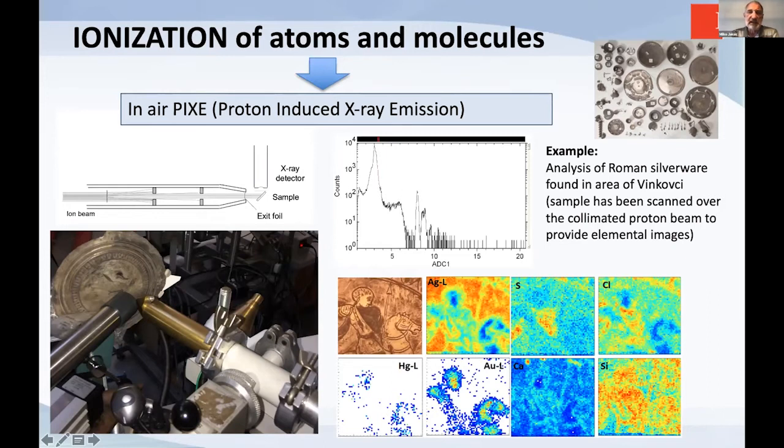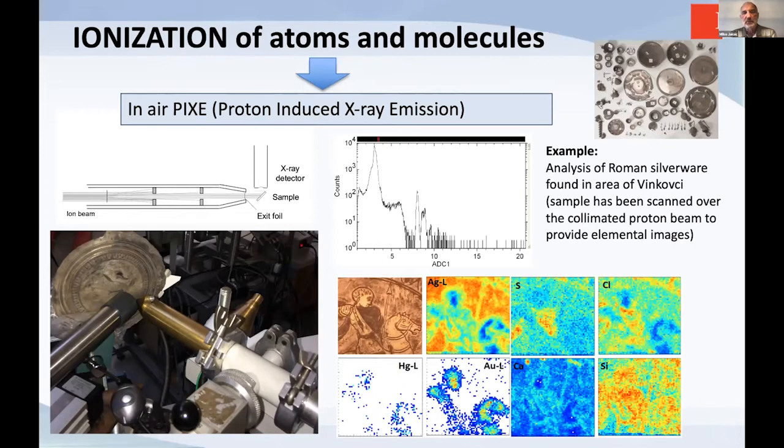These are L lines of silver because it's a silver plate. There is copper, there is gold, a very small, tiny peak here. There is sulfur, and I guess, yeah, also mercury, which is rather small. So this is the picture of the spectrum, but you can couple these spectra with position.